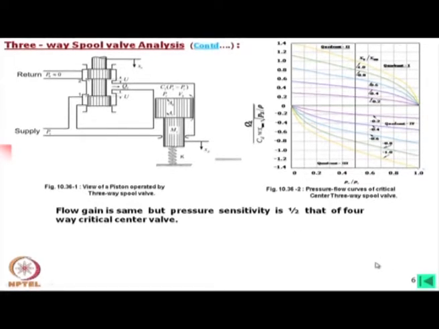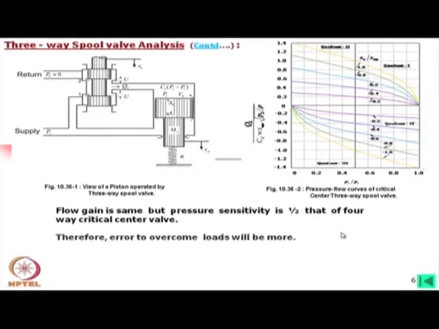You have to compare the equations of those I have not shown here and the equations of the 3-way valve. Therefore, the error to overcome loads will be more. As the sensitivity is half of the 4-way critical valve, the error will be more in case of the 3-way valve.